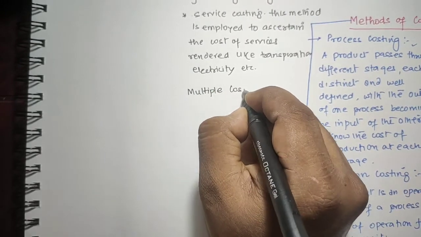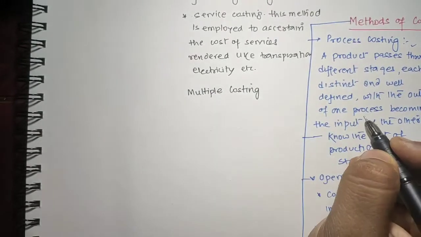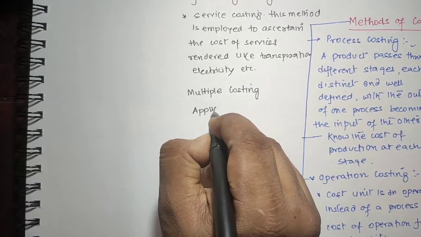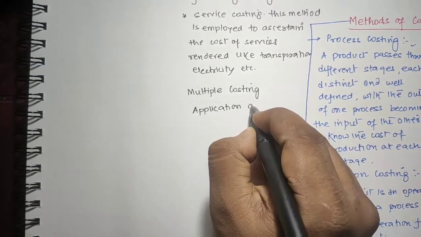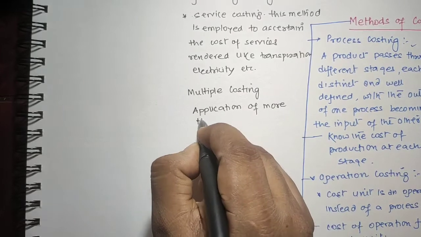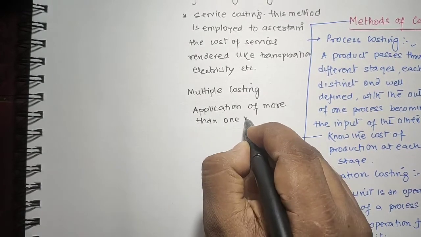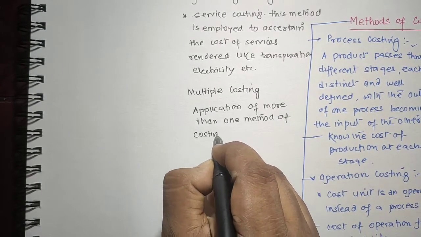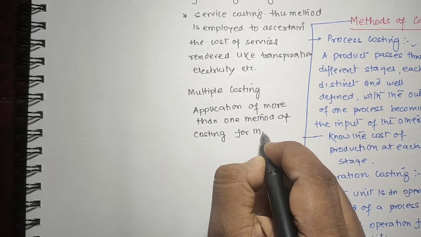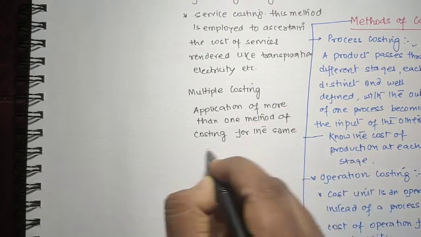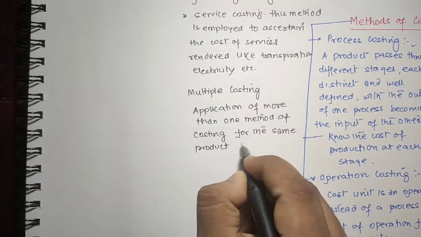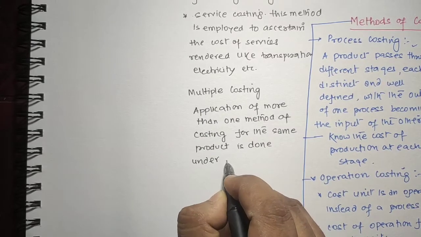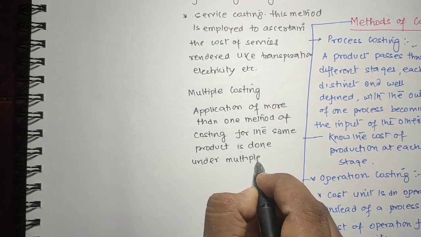Next we have multiple costing. Multiple costing is also known as composite costing. Here the application of more than one method of costing for the same product is done under multiple costing.